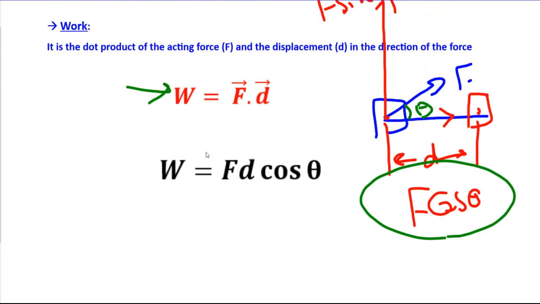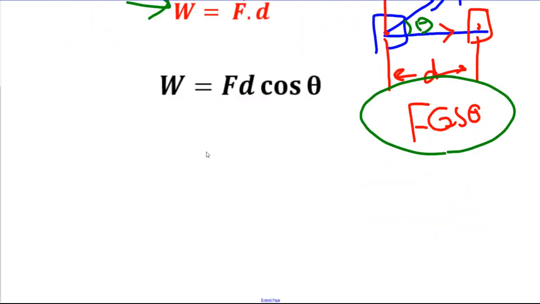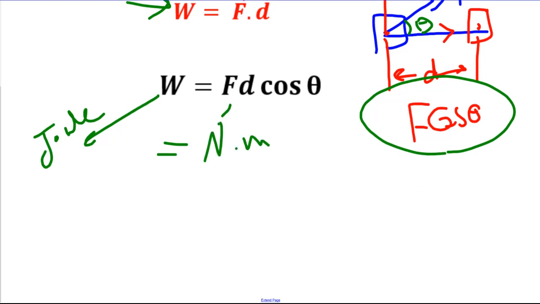What is the unit of measuring work? Work is measured in joule, and it is equivalent to newton dot meter: newton for force, meter for displacement. Joule equals newton meter, or it can be equivalent to kilogram meter squared per second squared.